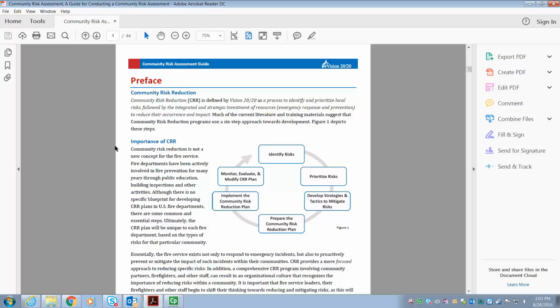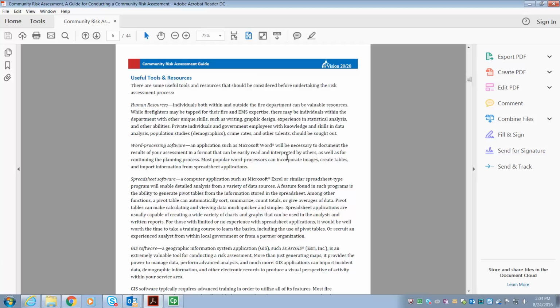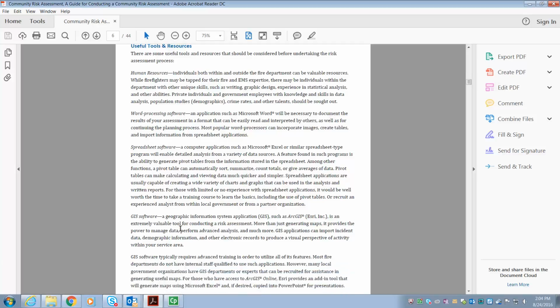It does talk a little bit about what risk reduction is and the importance of community risk reduction. I wanted to give you this visual in case it helped you to understand what it is we are doing in this course. Again, it walks you through risks defined, some of the degrees of risk assessment, and some useful tools that you might need.